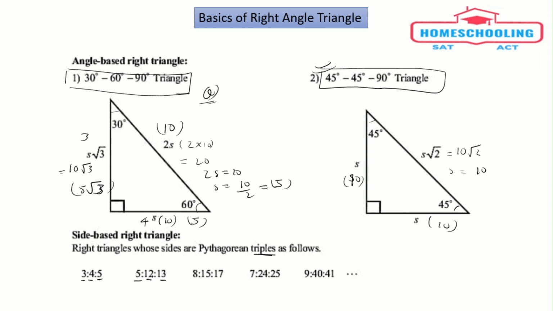A lot of questions have been asked in the SAT examination where two sides are already given. So instead of finding the hypotenuse using Pythagoras theorem, you can remember these ratios. It will come handy in the examination. Now moving to the next concept.